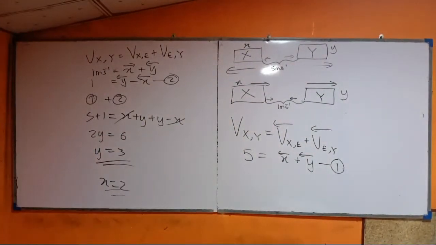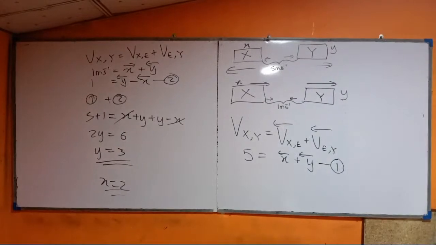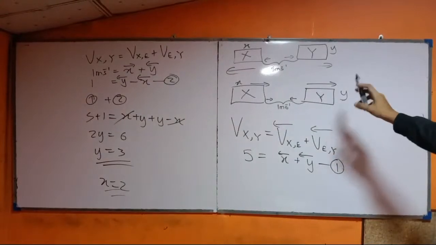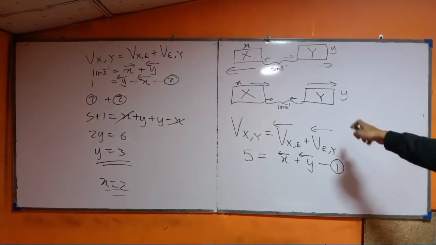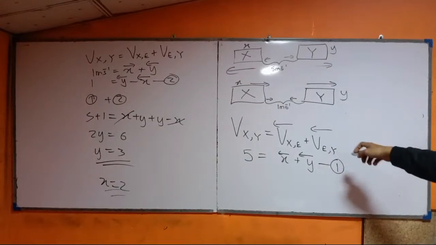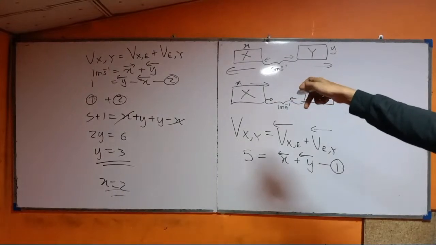Yes. Wait a minute. Did I do anything wrong? Is there a mistake here? Vxe, correct. Then velocity of x with respect to y, there, and x minus y.